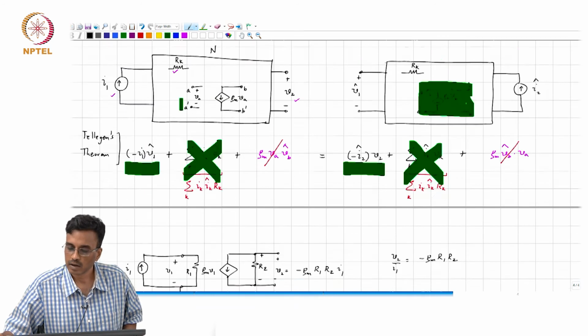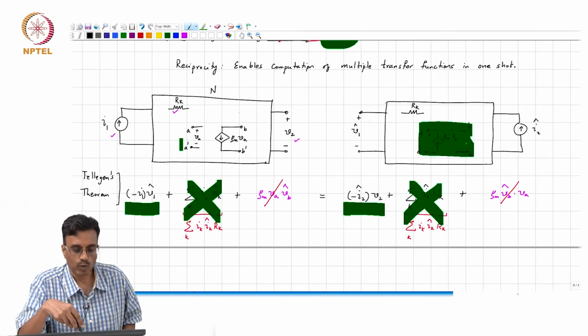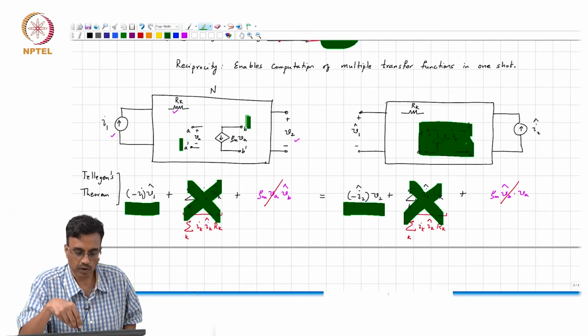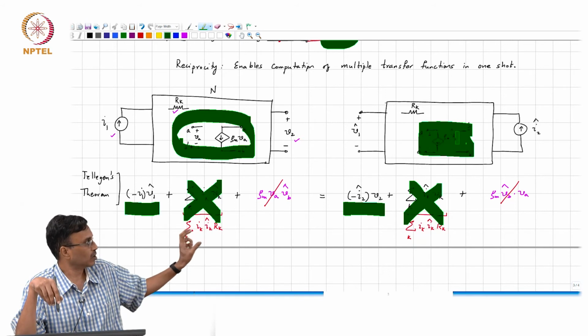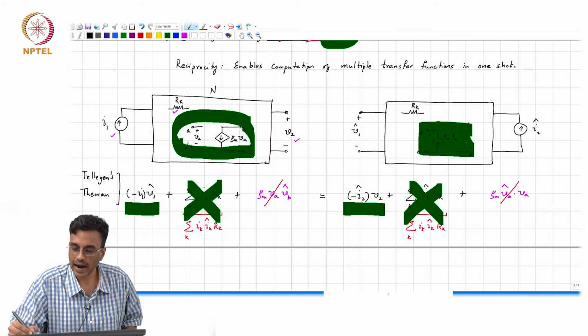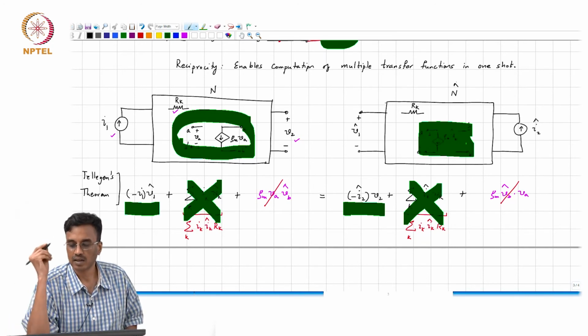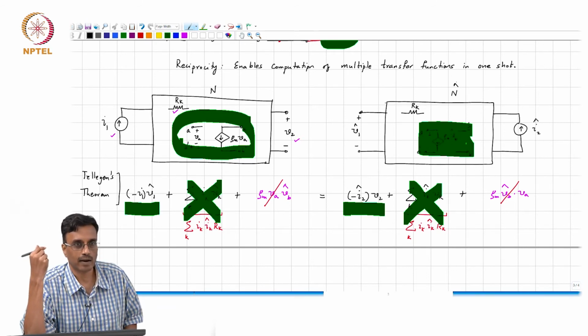Okay. So, if we had one voltage controlled current source, we just flip that one voltage controlled source the other way around, and we have another network N hat where a reciprocity like relationship is valid.